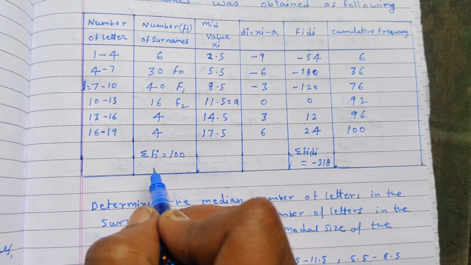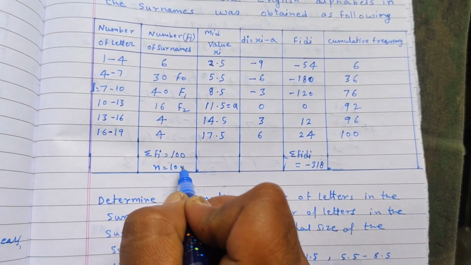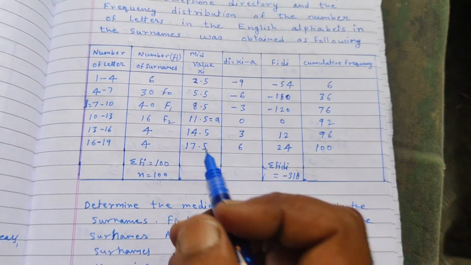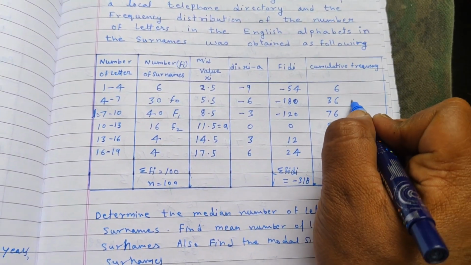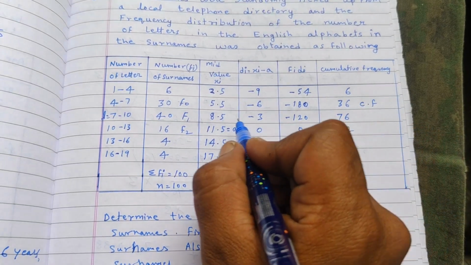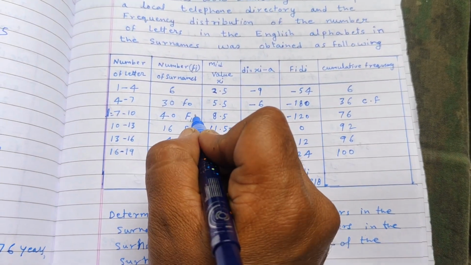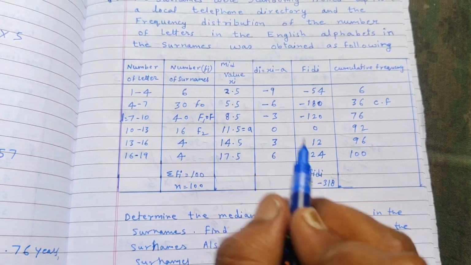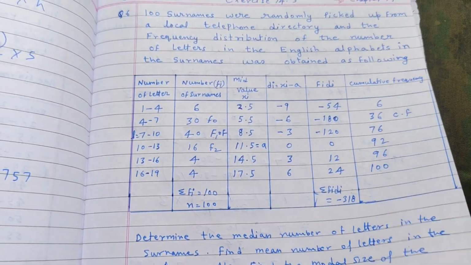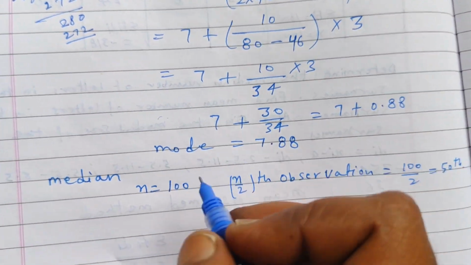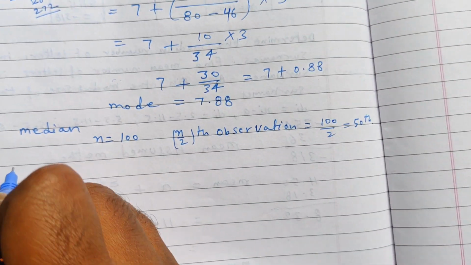Here n is 100. So CF is 36 and f is 40 and the lower limit is 7. So we write these values here.